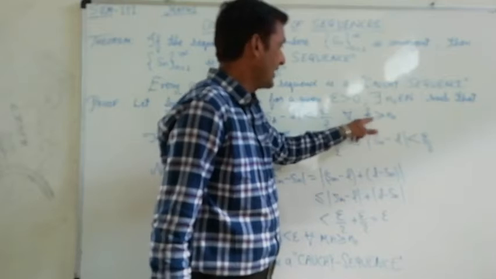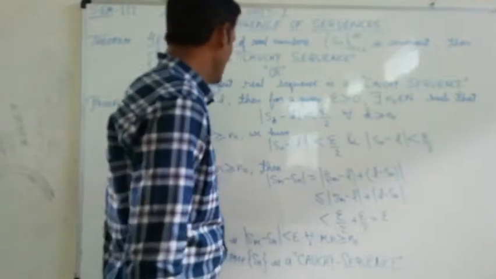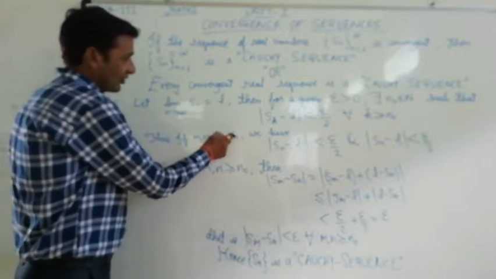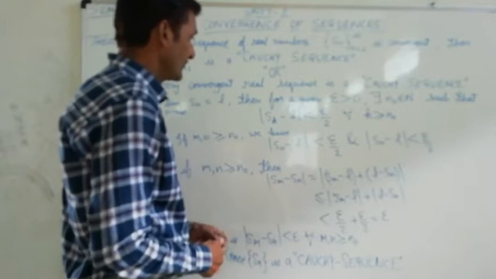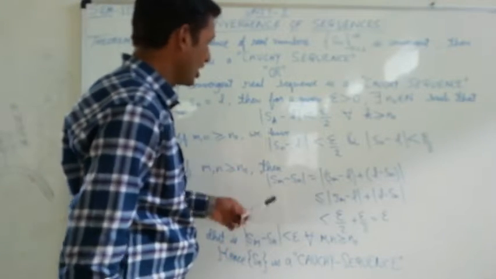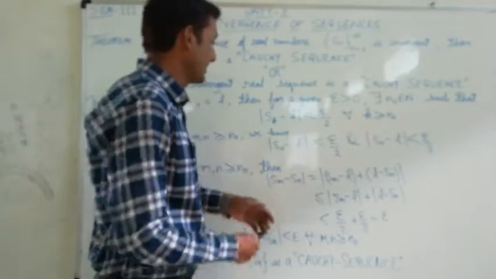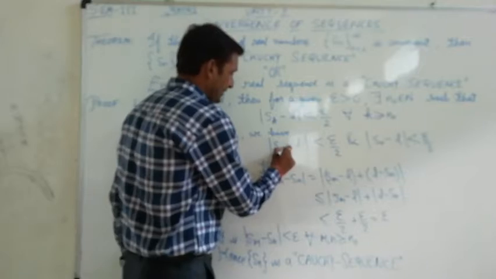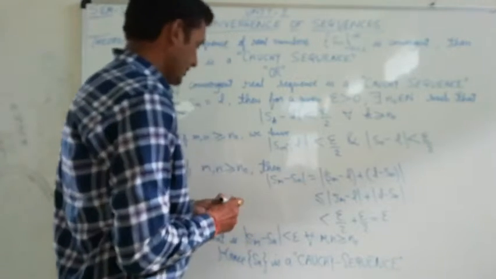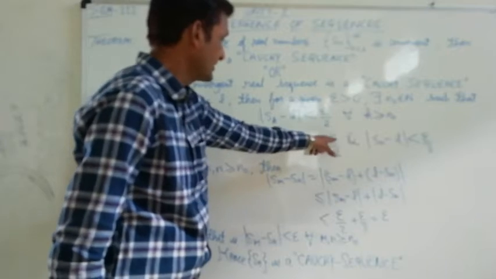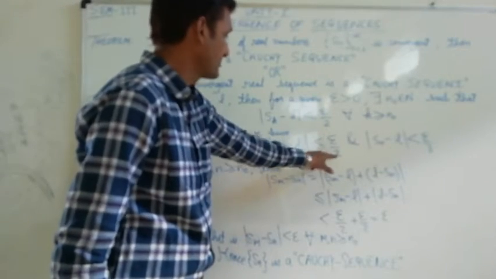So for all k greater than or equal to n0, thus if m, n are greater than or equal to n0, we replace k now by Sm and Sn. So here we have mod of Sn minus L is less than epsilon by 2.